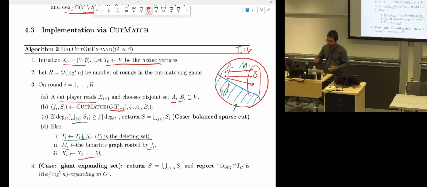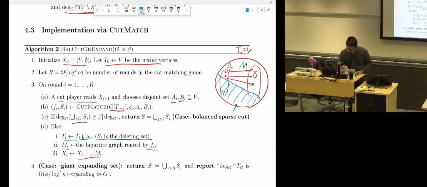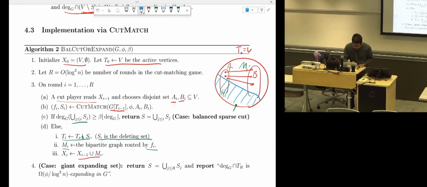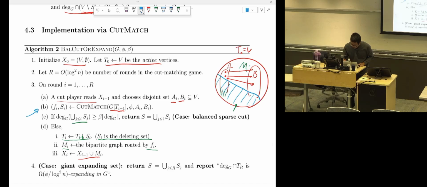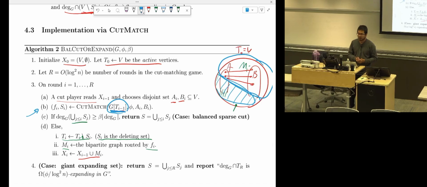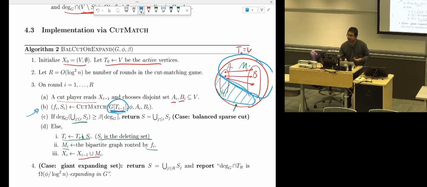And then in the next round, we look at this graph. This is quite important. We look at the new graph where we just work on this graph. We really remove it from the graph, and we compute cut mesh only in the graph induced by active nodes, so that if you get a sparse cut, you get another sparse cut that is disjoint from the previous one.